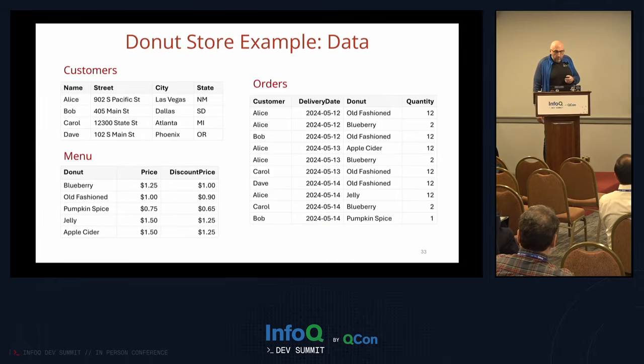And now let's look at more functionally interesting scenarios and see how different frameworks operate differently with those. So again, we're sticking with our donut store example. We have 3 entities: customers, the menu of donuts, and the orders, which are all represented as tables, since we're sticking with the data-oriented paradigm.